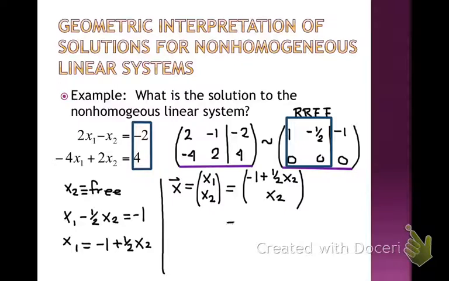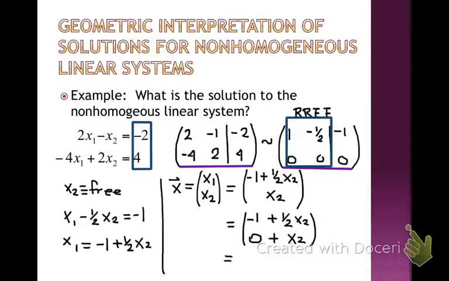So I'm going to write this just a little bit differently: the first line has a constant part, which is -1, plus a part that is some multiple of x2, and so does the second line. The constant part, however, is 0, and then we have 1 x2.